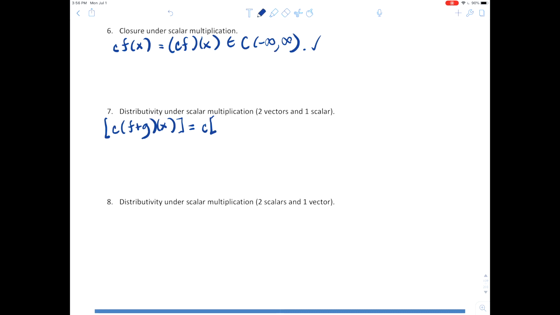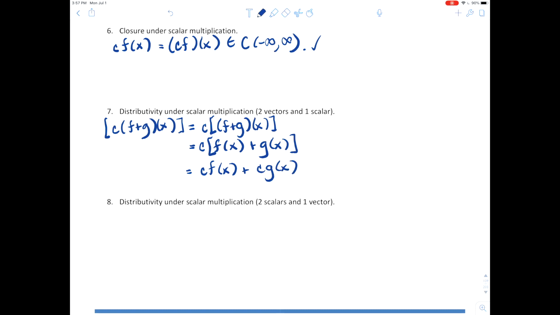C times f plus g at x. That in turn equals c times f at x plus g at x, right? Which equals c times f at x plus c times g at x. And we've shown it.